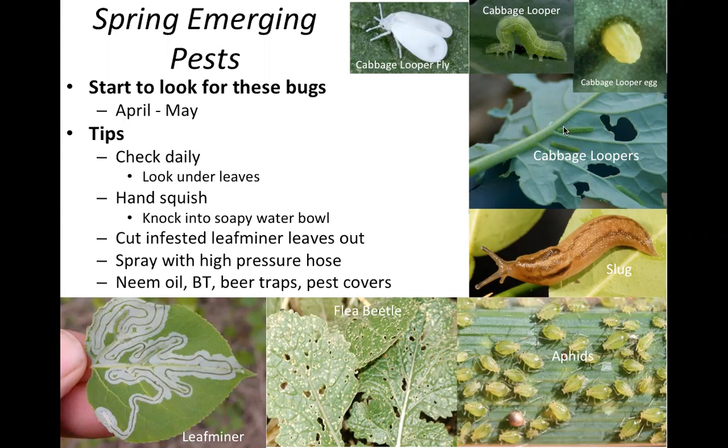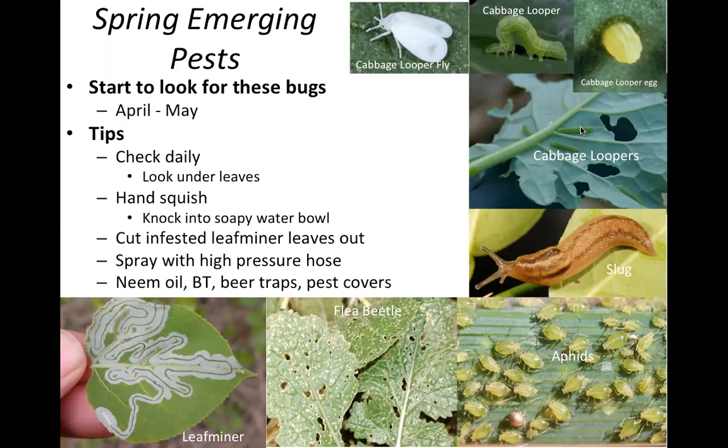Do a quick look under each leaf, and if you see the green guys, you can squish them. They're really easy to squish. If you're squeamish about squishing bugs, you can get some soapy water and knock them into it, and that'll take care of them. But gardening is a bug-squishing activity.